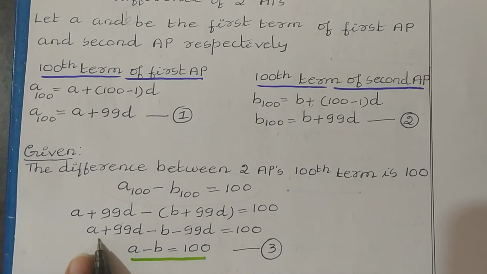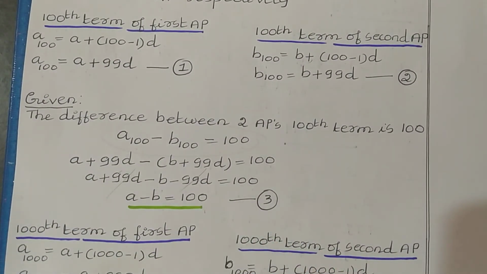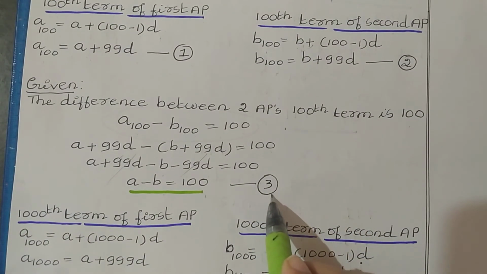So we get a plus 99d minus b minus 99d is equal to 100. After cancellation we get a minus b is equal to 100. Let us name this as equation 3. This we are going to use later.